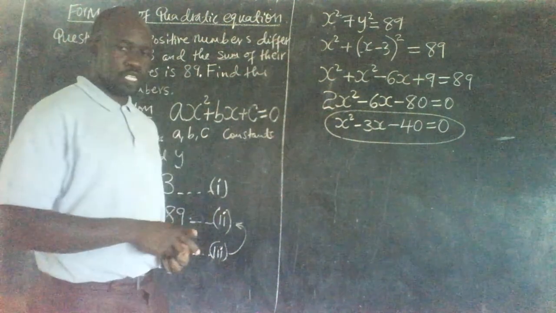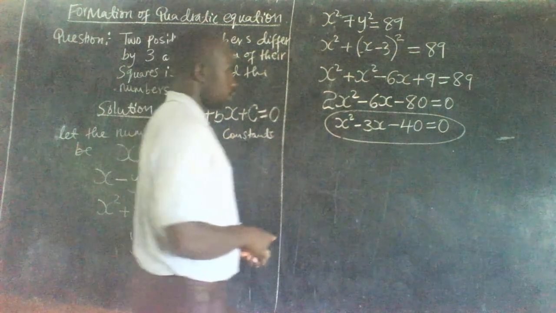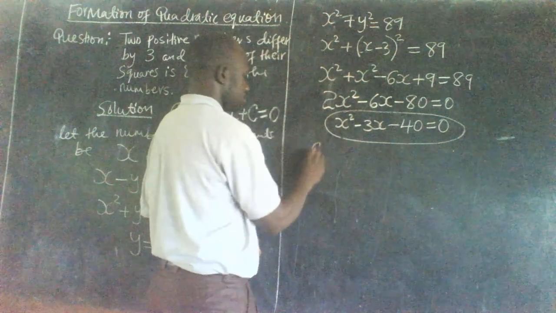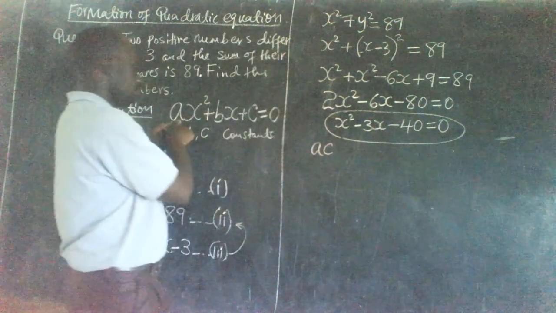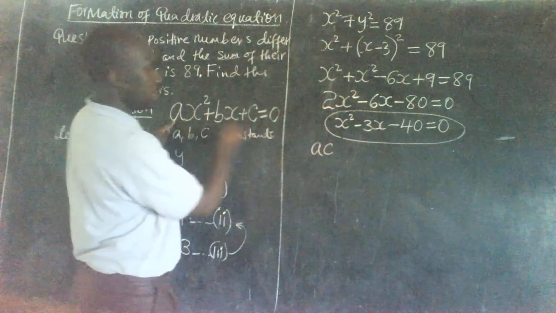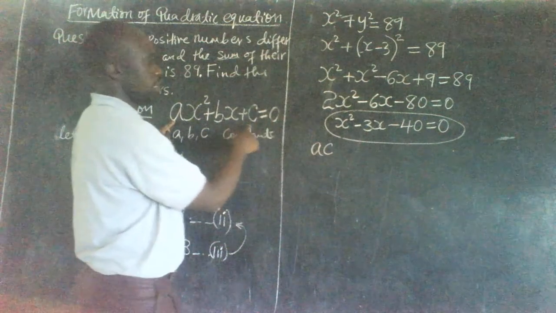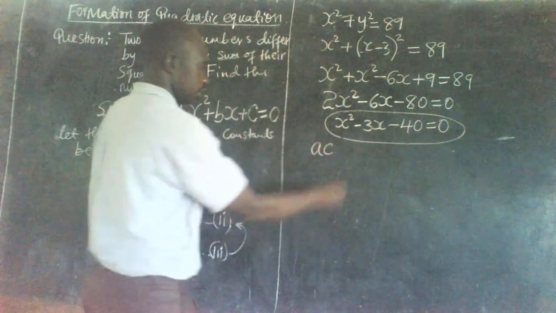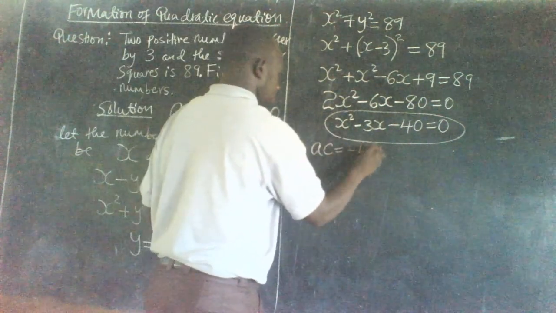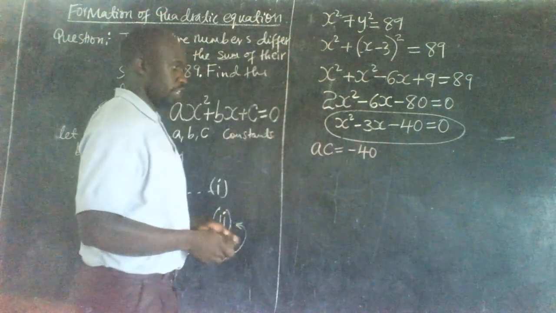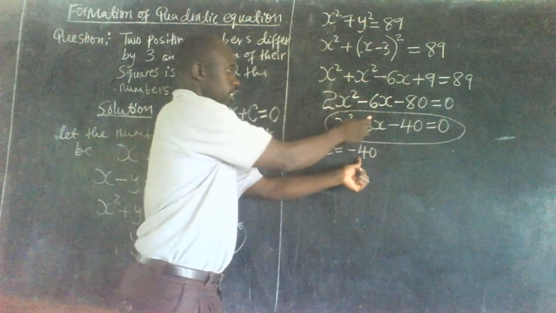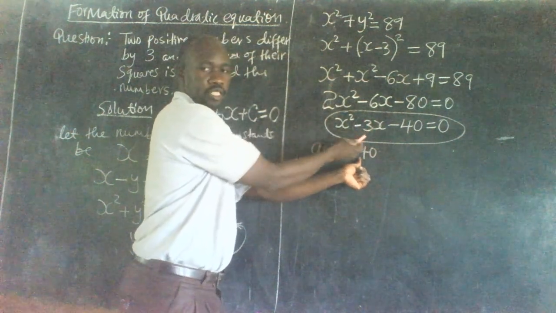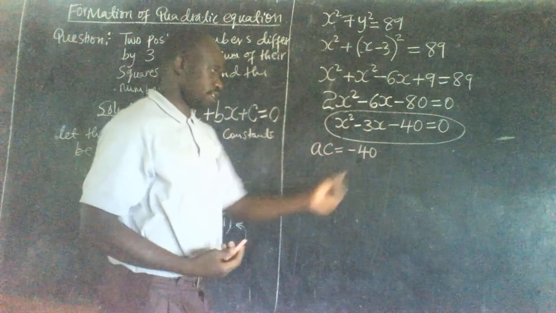So we need to find the product of a and c. Since a is 1 and c is minus 40, the product is minus 40. Then we need to find the factors of minus 40 such that when we add them, they give us minus 3.